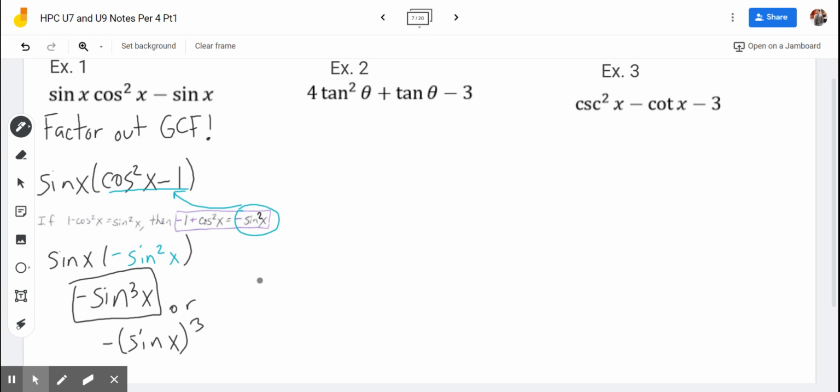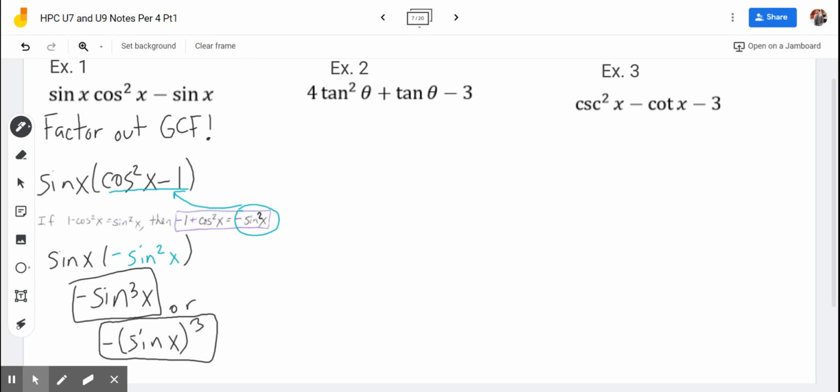So those would be our two final answers. We had to factor with a GCF as well as rewrite with the Pythagorean identity to simplify it.